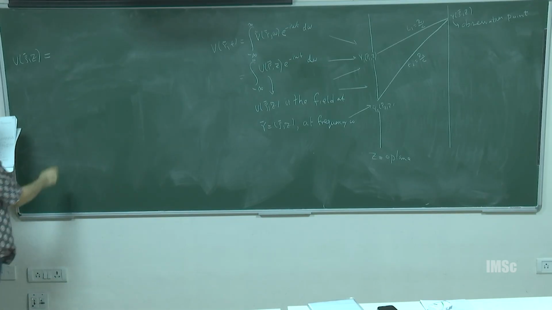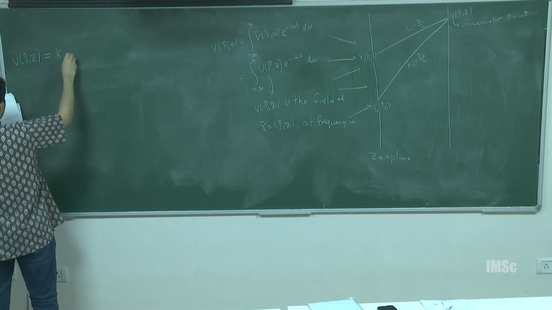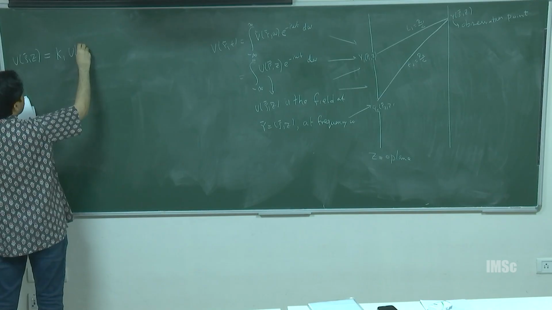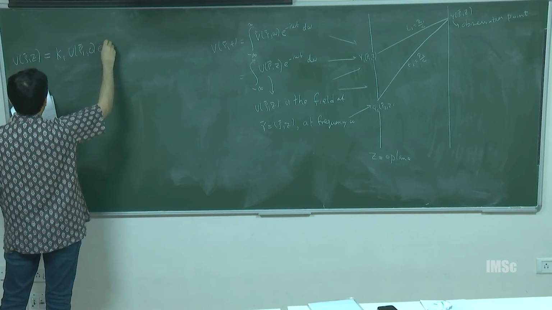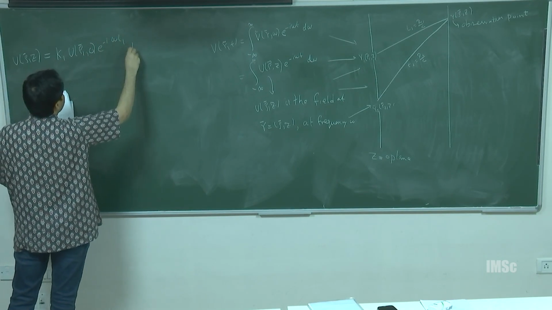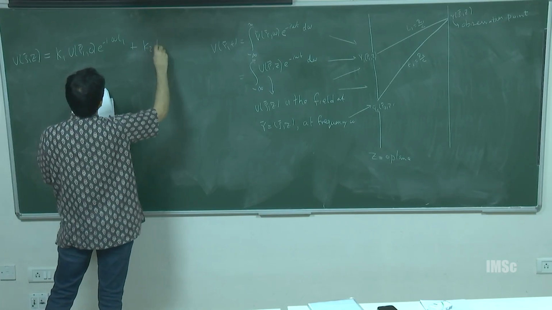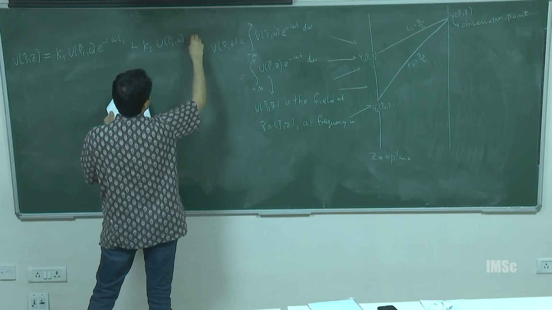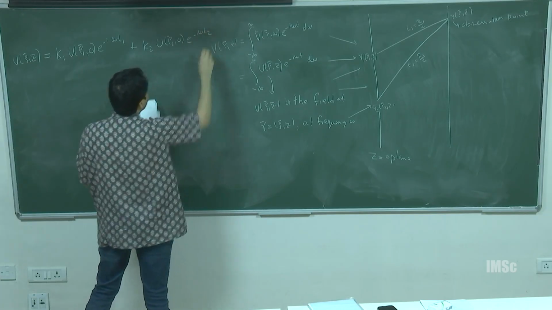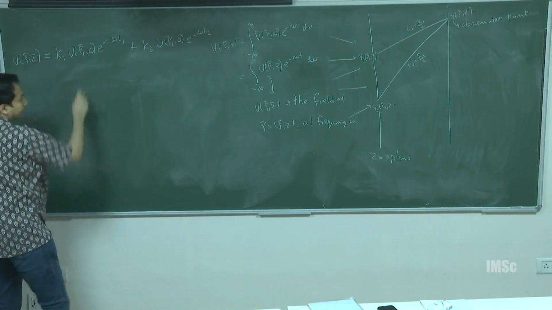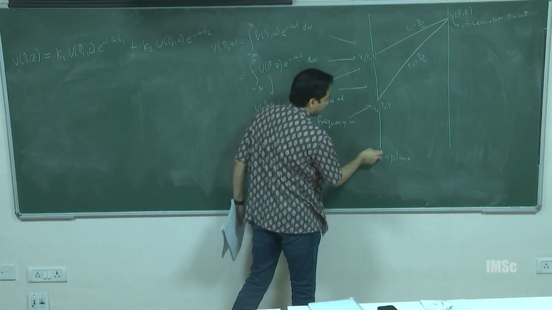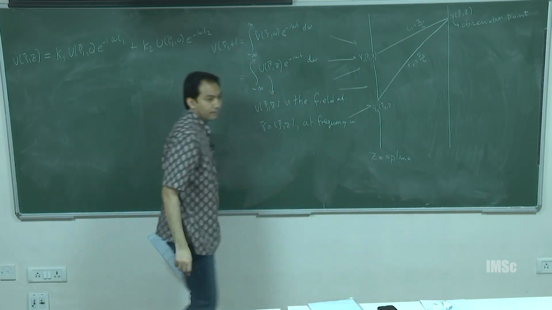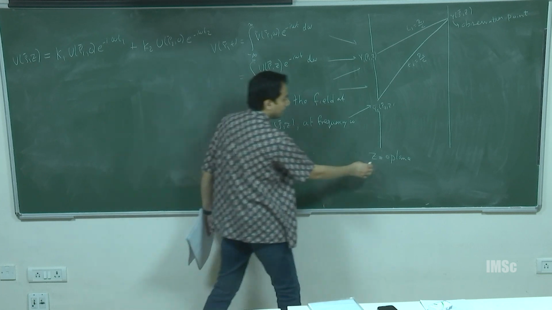So the total field is given by, z is 0 because we are assuming that the source corresponds to z equals 0 plane.